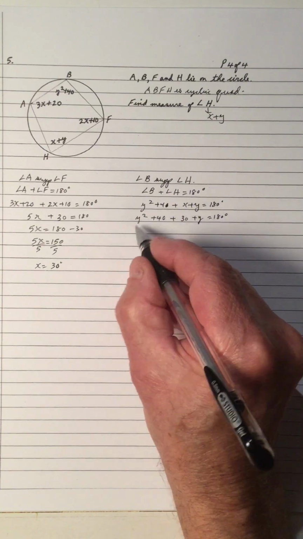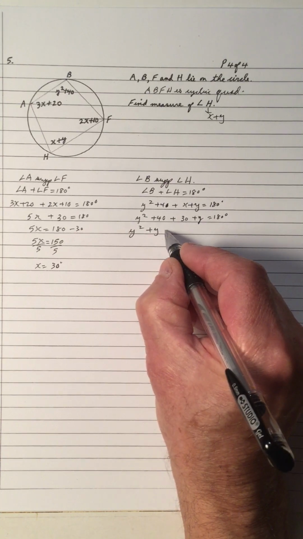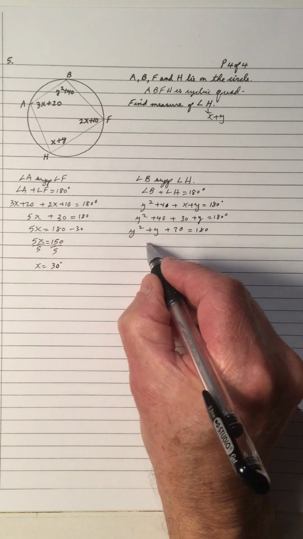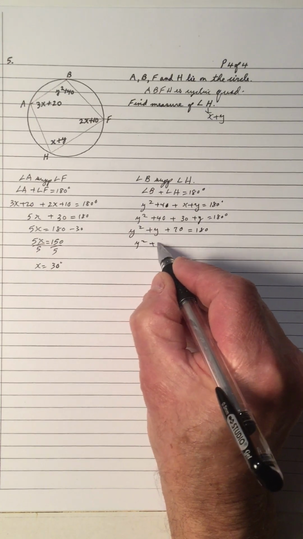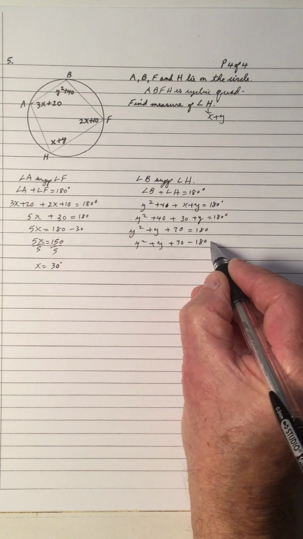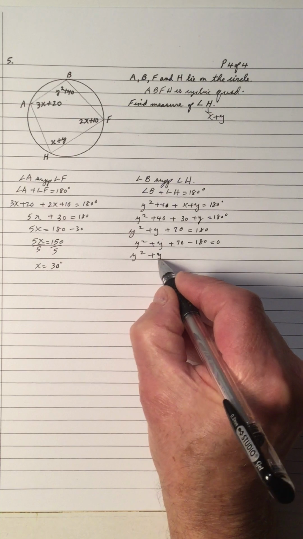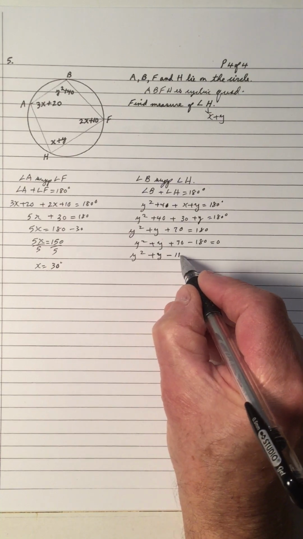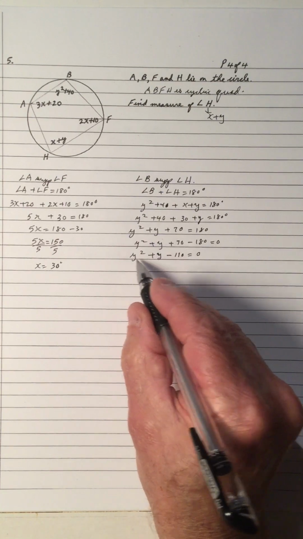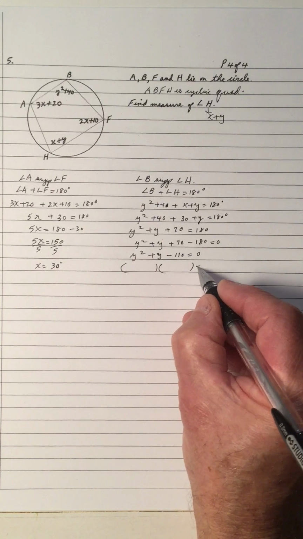This is a quadratic, so I'll put the y squared first, then the y, and that's a 70. So y squared plus y plus 70 minus 180 equals 0. So y squared plus y minus 110 equals 0. We have a quadratic in terms of y, so let's see if we can factor it.